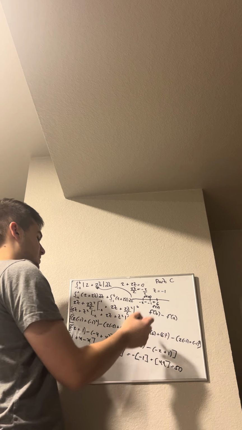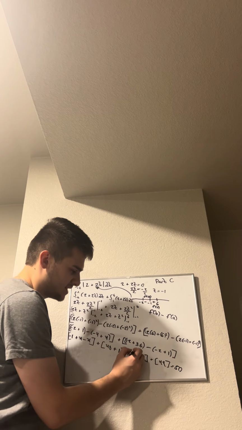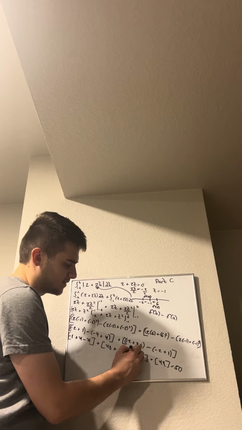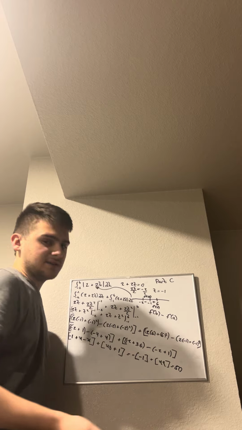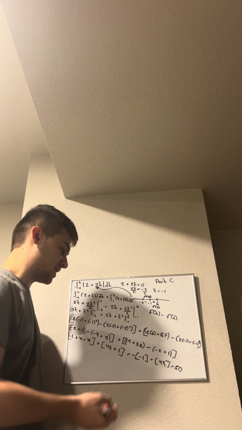Whereas in the other one, it was positive, so we just left it as it was. Applying this negative to the negative 1, negative times negative is positive, so positive 1 plus 49 equals 50. So 50 should be the final answer for this problem.